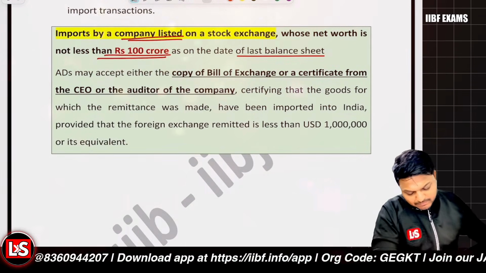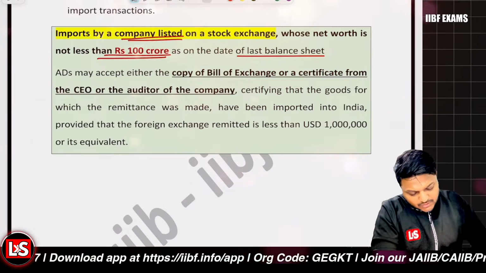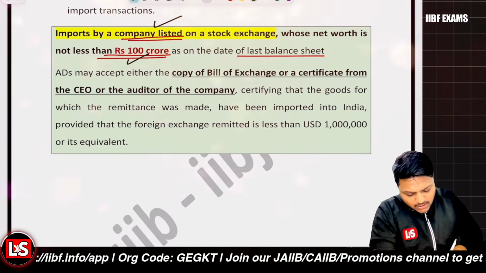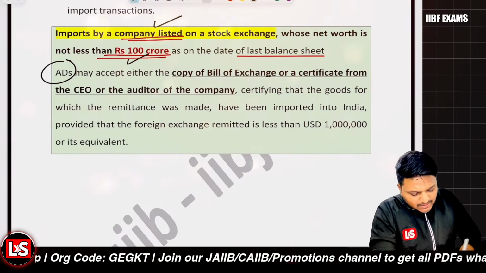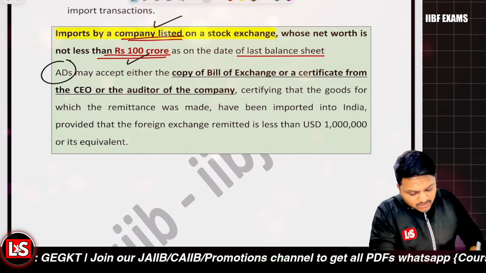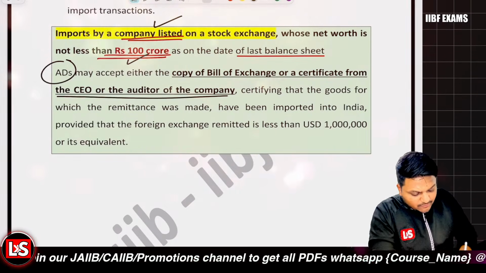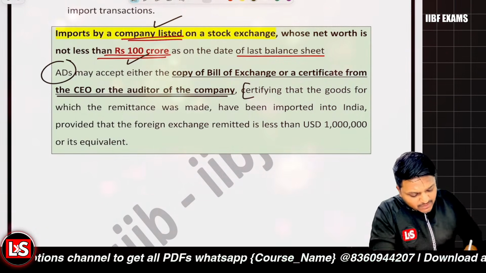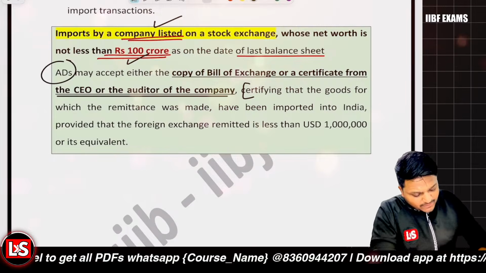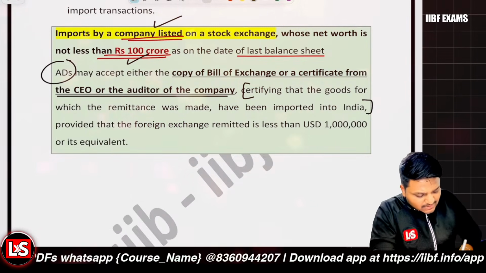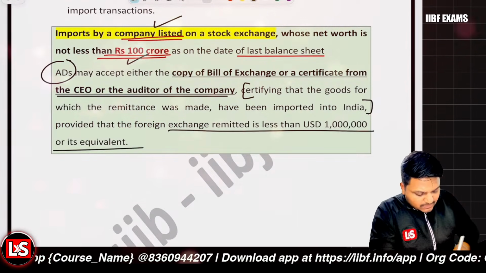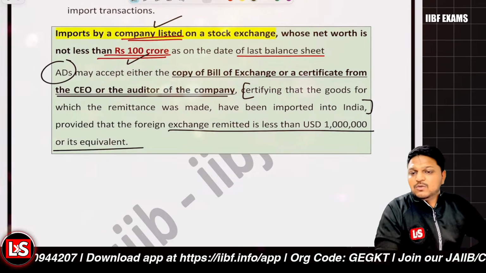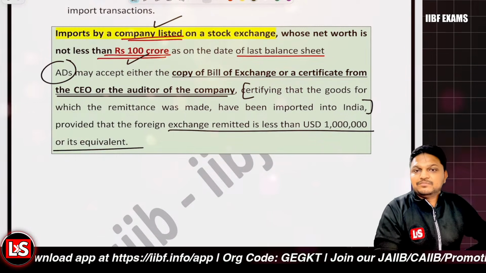Those are also permitted. So if it's a listed company and the net worth is not less than 100 crore rupees, the authorized dealer bank may accept either the copy of the bill of exchange or a certificate from the CEO or the statutory auditor of the company certifying that the goods for which the remittance was made have been imported into India, provided the foreign exchange remittance is up to 1 million USD. In that particular scenario, this exemption is allowed.